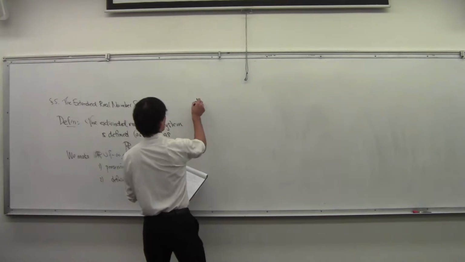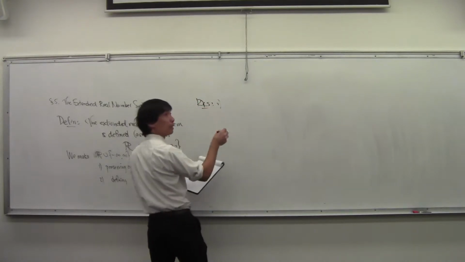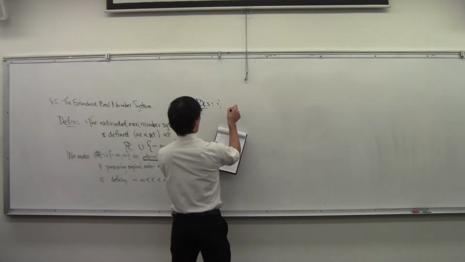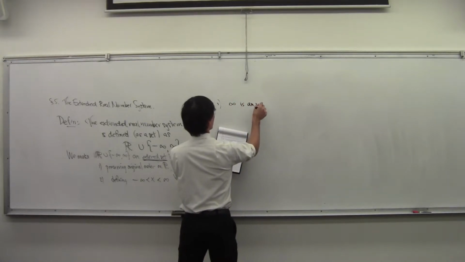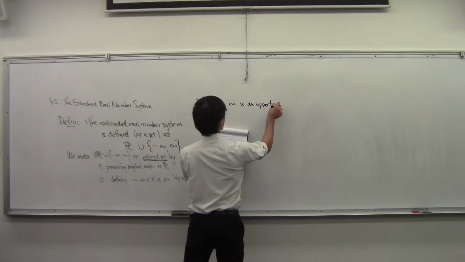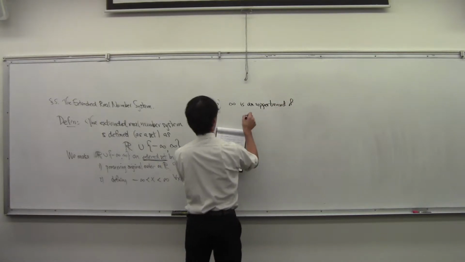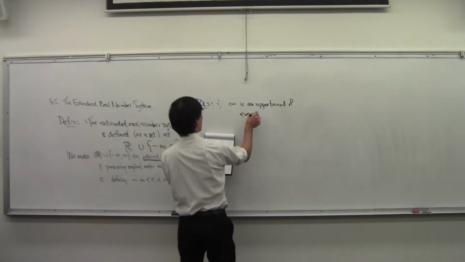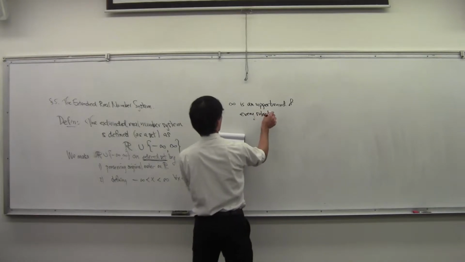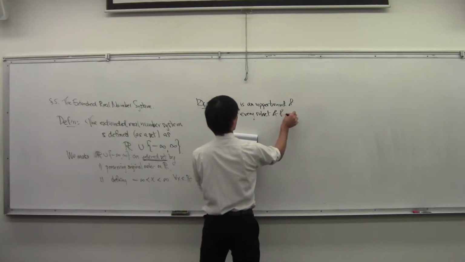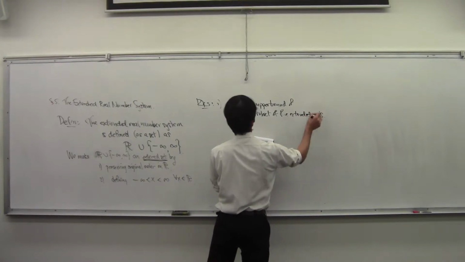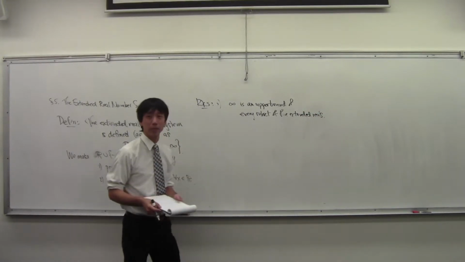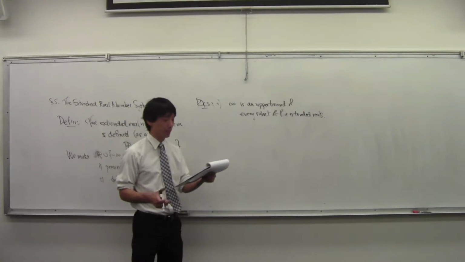Okay, so a couple of remarks. One, positive infinity is an upper bound of every subset of the extended reals. And similarly, negative infinity is the lower bound for every subset of the extended reals.